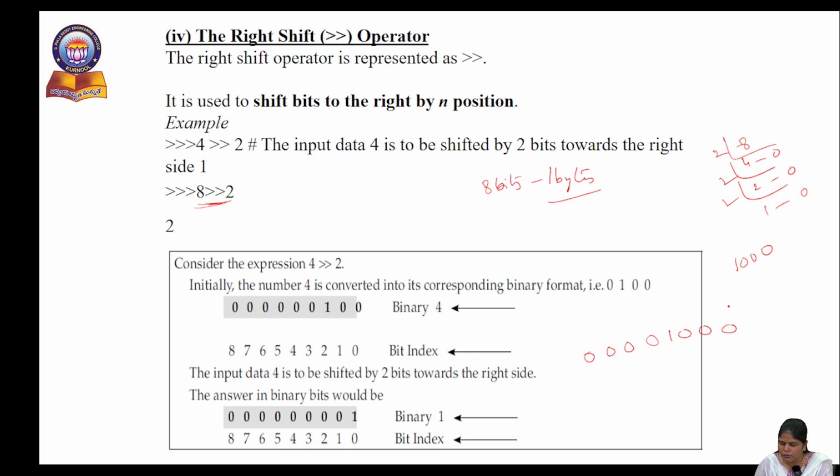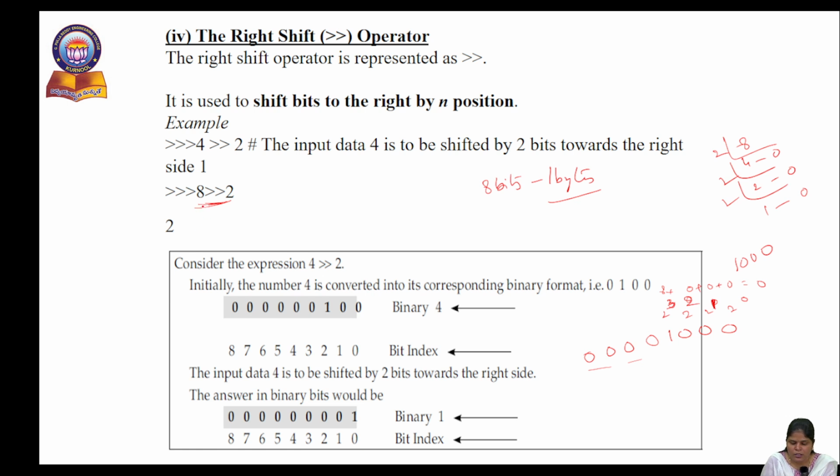That's it. When you again calculate the value in terms of 2 power of 0, 2 power of 1, 2 square, 2 cube. So what is 2 cube? 8 plus 0 plus 0 plus 0. 0 into anything is 0, so that's why you are prefixing it with 0.